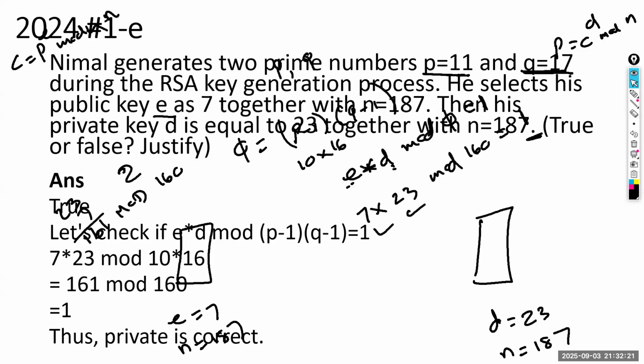Find big prime numbers P and Q. Then make sure you select phi, which is (P minus 1) into (Q minus 1). Then you select E and D such that E into D mod phi is 1. That step they have checked. So this is not encryption, decryption. This is just to check whether these keys are correct.